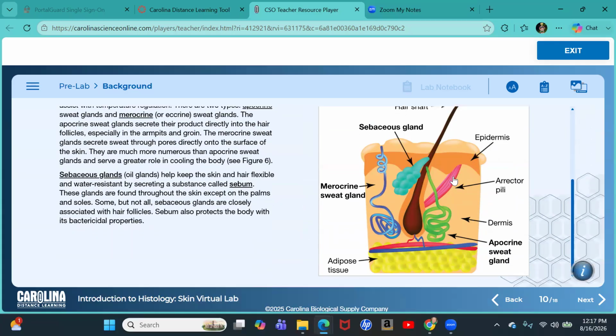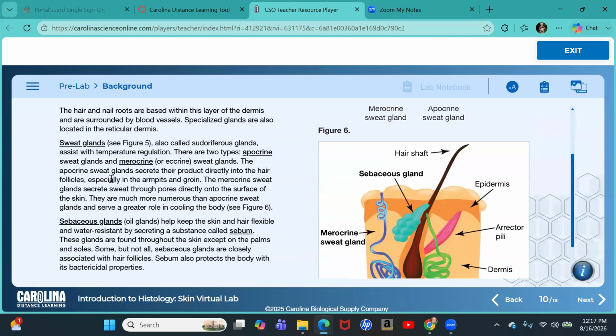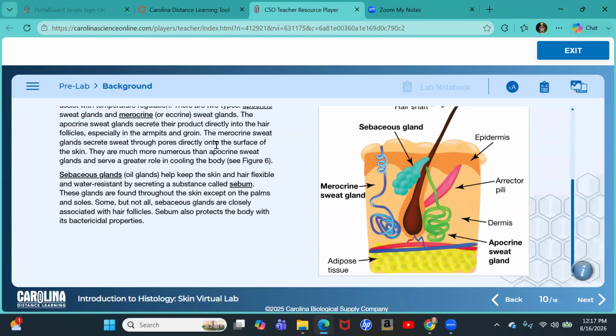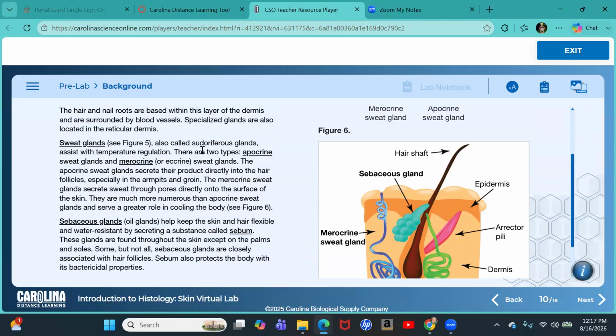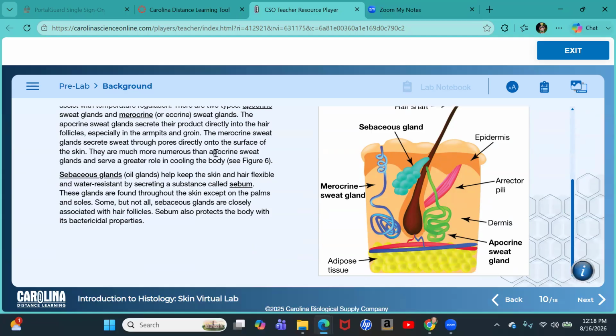The accessory structures here within the dermis include your sweat glands, known as your sudoriferous glands. Sudorifero means sweat. They assist with temperature regulation. Your apocrine glands and your eccrine glands are the two types of sweat glands found in different parts of the body.